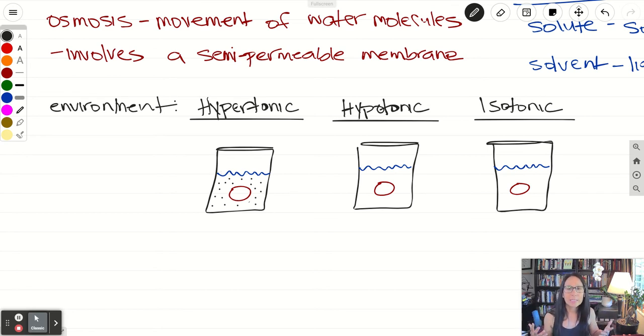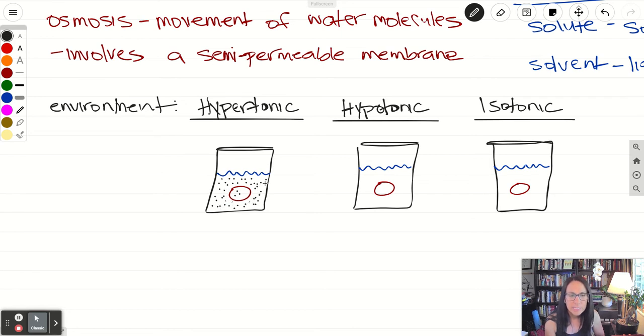So you could just think of anything that would be dissolved in water. Okay, so in a hypertonic solution, I'm just going to use salt because it's easy to think about. There is a high concentration of salt outside of the cell compared to how much salt is inside of the cell. So let me just put some salt inside. It is way more crowded outside of the cell than it is on the inside of the cell.